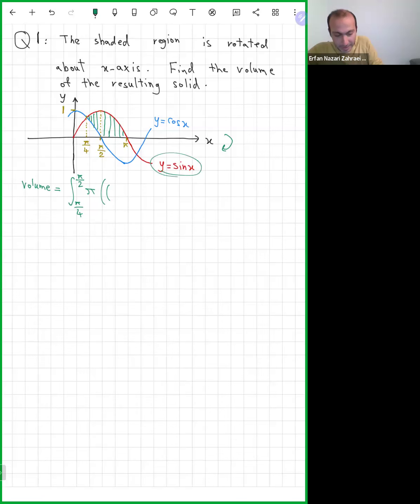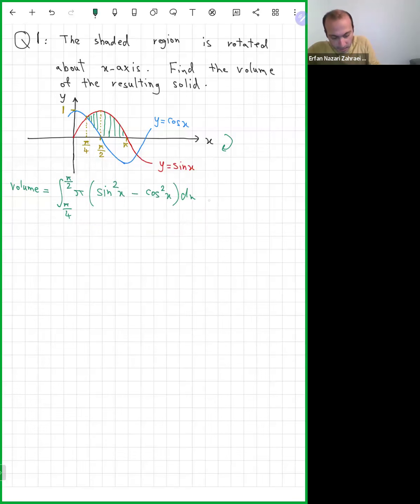The outer radius is the height of the red function, so it will be sine squared x. The inner radius, which in this picture is like this, is the height of the blue function. So this is the inner radius, and then I have minus inner radius squared. So this is the first integral.